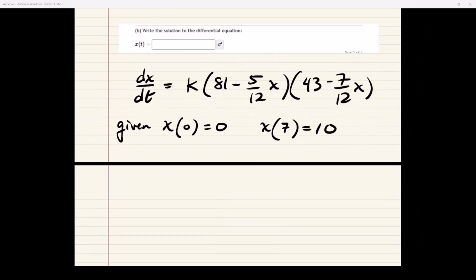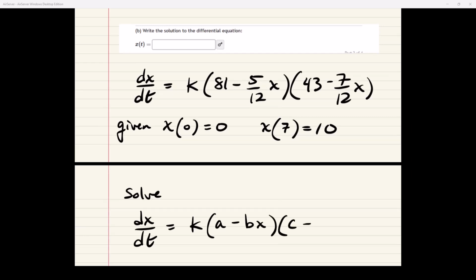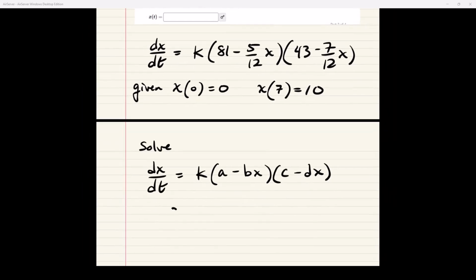So what I'm trying to say is that I want to solve not that particular one, but in general a differential equation that has this form. Let's say you have A minus B times X and C minus D times X. And let's say that at time 0 you have 0, but at some arbitrary future time, time 1, you have some x1 value that represents the amount of chemical C at that later point.